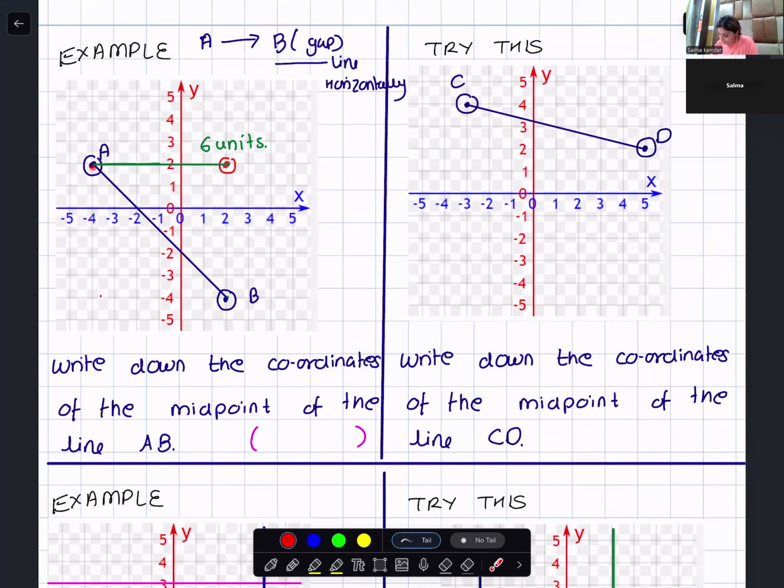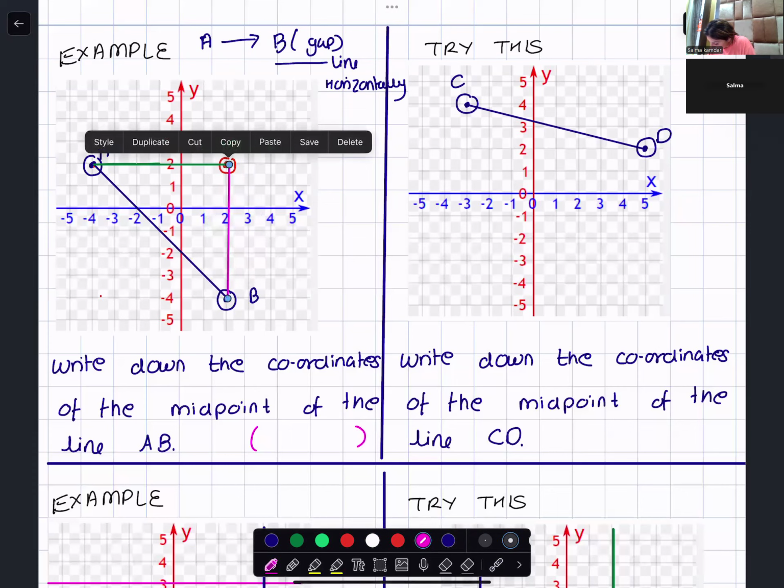Let's see. 1, 2, 3, 4, 5, and 6. So from A to B, horizontally was 6 units and vertically was 6 units.